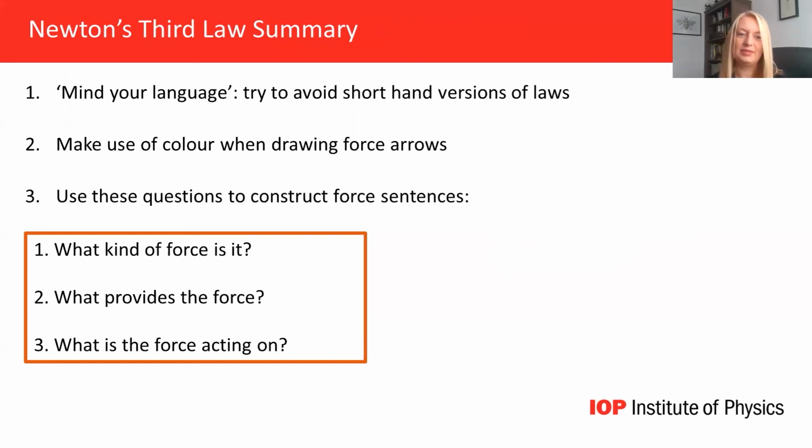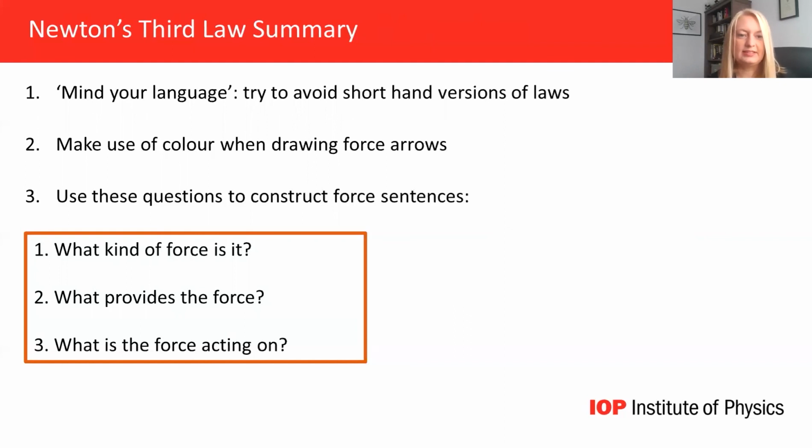The second is to make use of colour when you're drawing your force arrows, or if you use cardboard arrows or anything like that. Try and encourage the same types of colours to be used for the same types of forces. This way, when you've got your diagram, if you can show that those two colours are the same, then it makes it really obvious that you've got the same type of force.